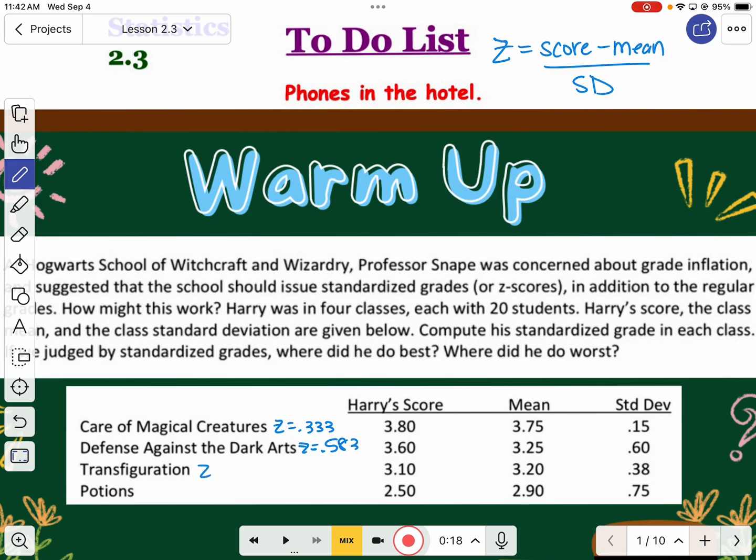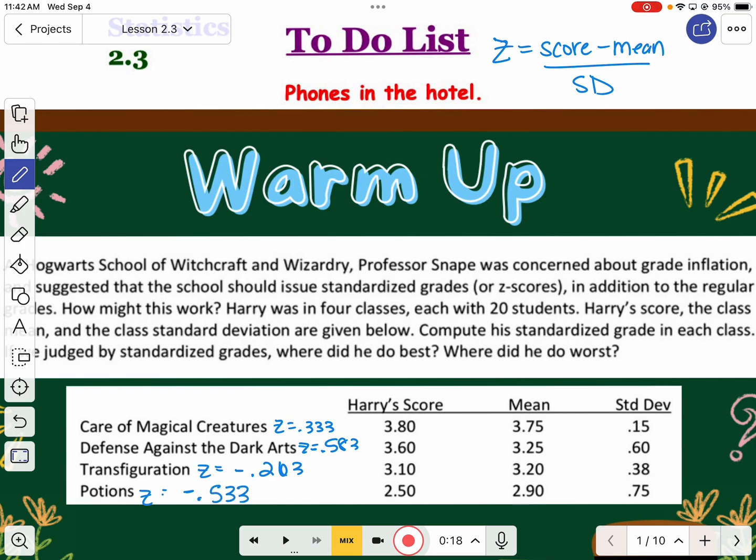We got a negative this time. Why do we get a negative? Because Harry's score was under the mean. Then 2.5 minus 2.9, and we'll divide it by 0.75.